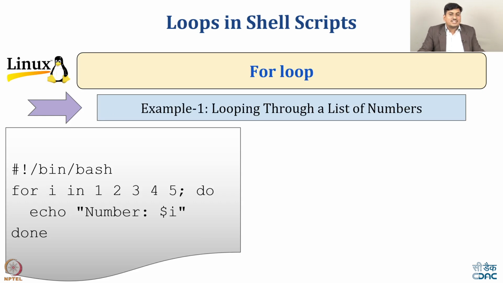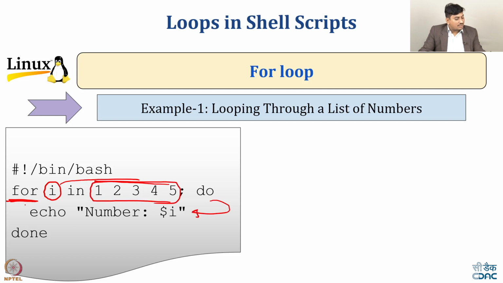This is the generic syntax of the for loop, where we provide the for keyword. Then this variable will be iterating through the list of values which will be provided here, and then do some operation which has been mentioned here, and it is ended with this keyword.